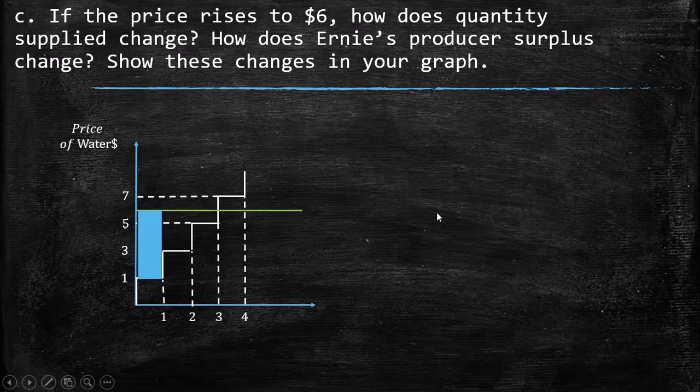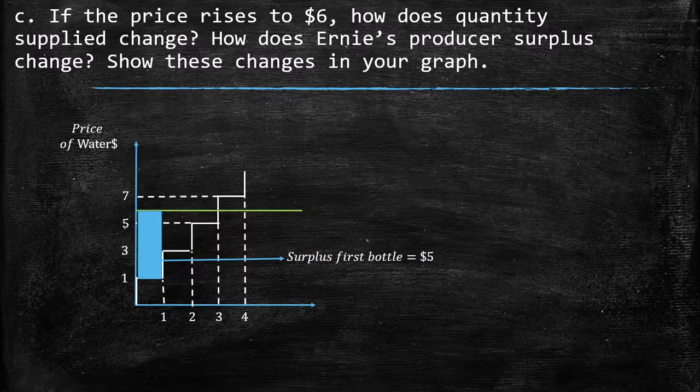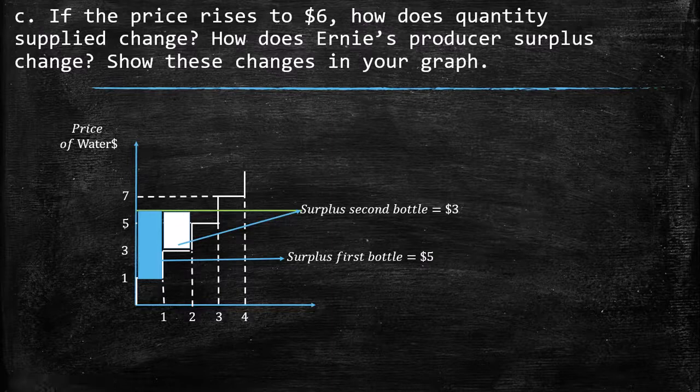So it means that instead of receiving $1 for the first bottle, he will receive 6. It's going to be 5 of surplus for the first bottle. For the second bottle, he can sell at the price of 3, but instead of receiving 3, he will receive 6. It's going to be a 3 producer surplus for the second bottle.